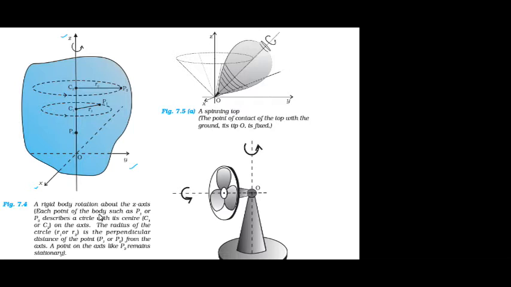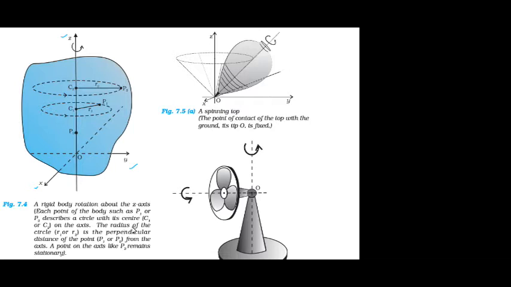A rigid body rotates about the z-axis. Each point of the body, such as P1 or P2, describes a circle with its center C1 and C2 on the axis.